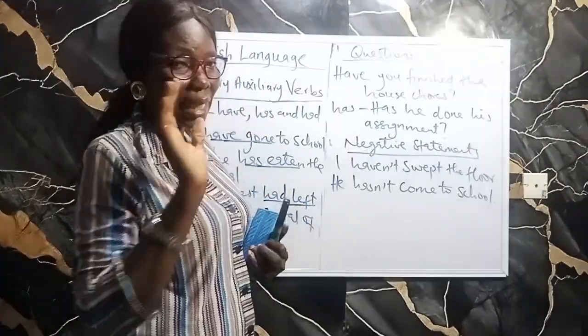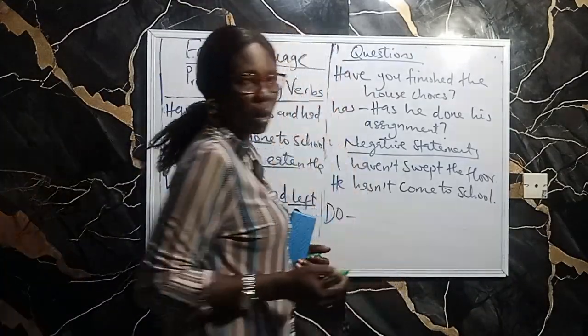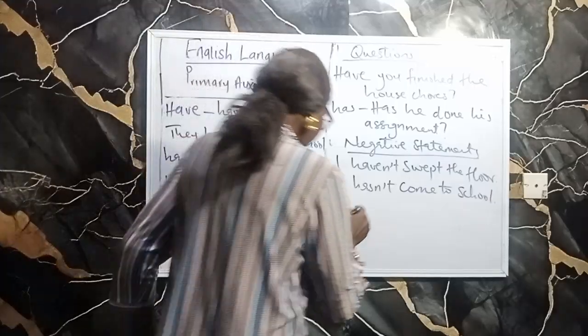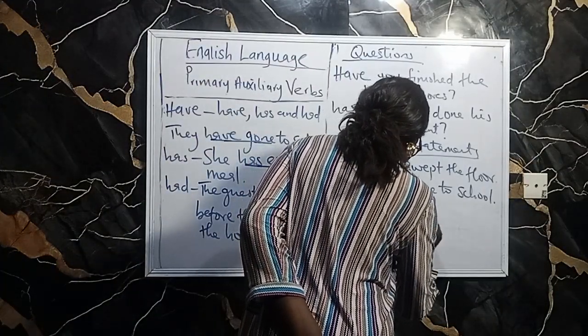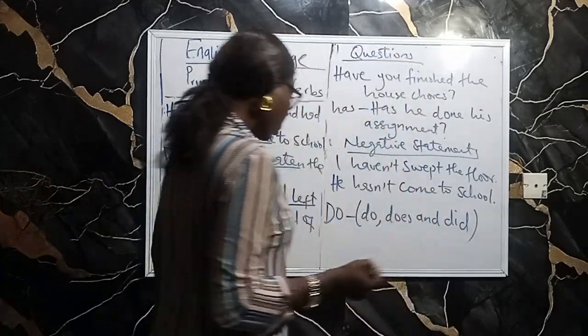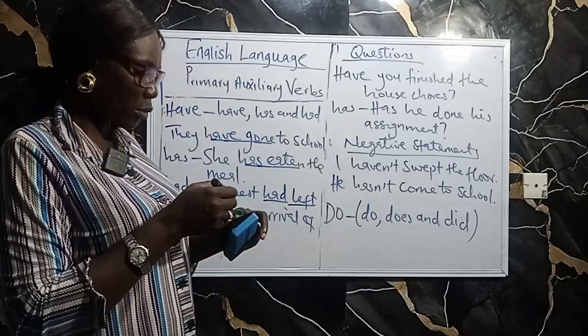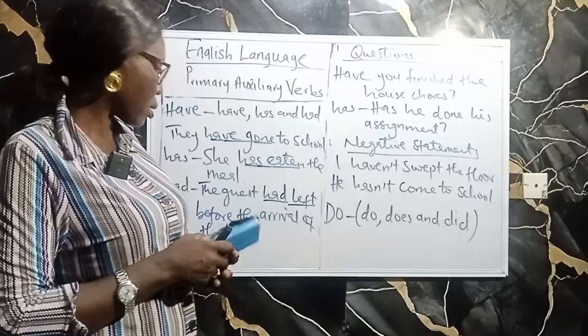So let's go to the last one, which is the verb do. Remember, under do we have do, does, and did. So we use them to also show the forms we have done with other ones.